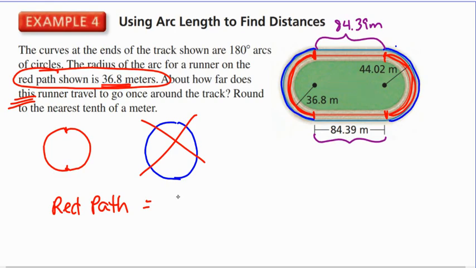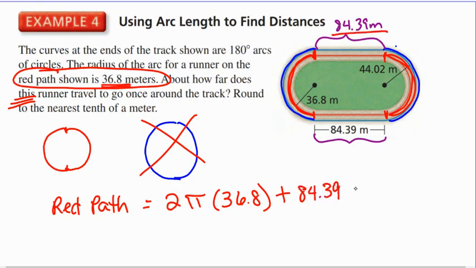So that's going to be 2 pi times the radius, which is 36.8 meters, plus this length of 84.39, plus this other length of 84.39, and that will take this red runner all the way around the circle, okay?